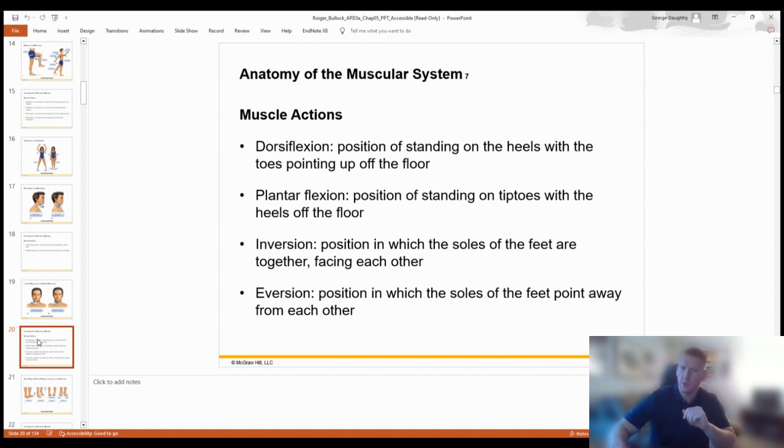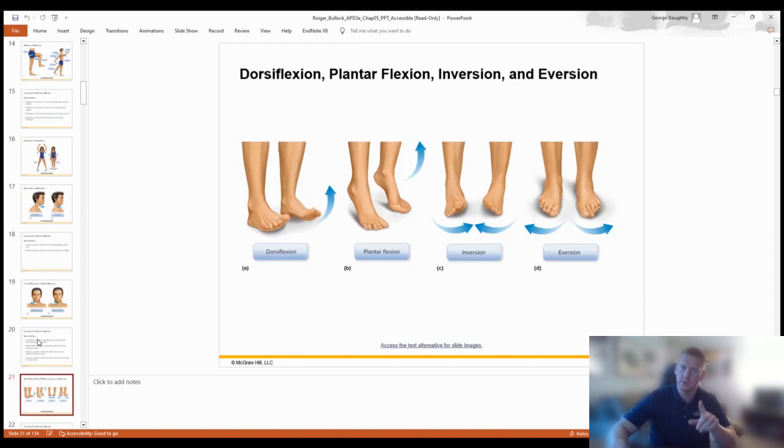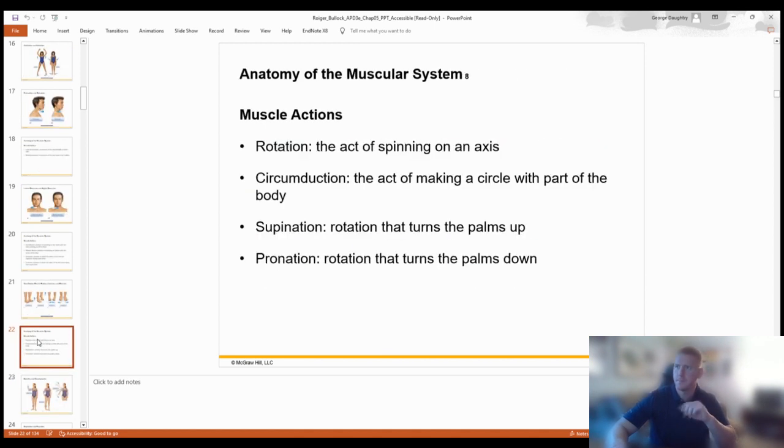There are maybe some flaws in those terms, but know the difference between dorsiflexion and plantar flexion. The ankle can also invert or evert. Inversion means I have done a type of lateral flexion of the ankle going toward the midline. If I everted the ankle, then I have laterally flexed it away from the midline. So keep in mind, we have some specialized terms for the ankle: dorsiflexion, plantar flexion, inversion, eversion.